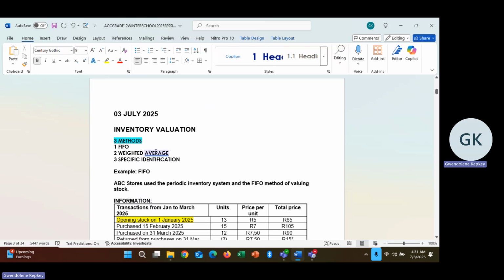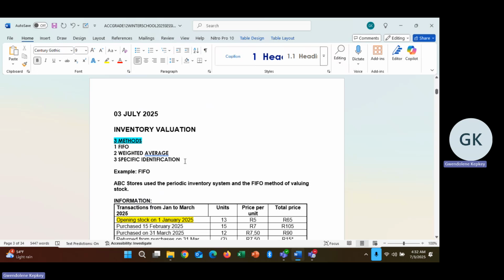Then we move to the weighted average method. In this method, we look at getting the average price because it's quite difficult for the business to determine in which month they have purchased a specific item. Therefore, they apply the average method. We get an average price, and that average price is then multiplied by the number of items we have left at the end of a financial year.